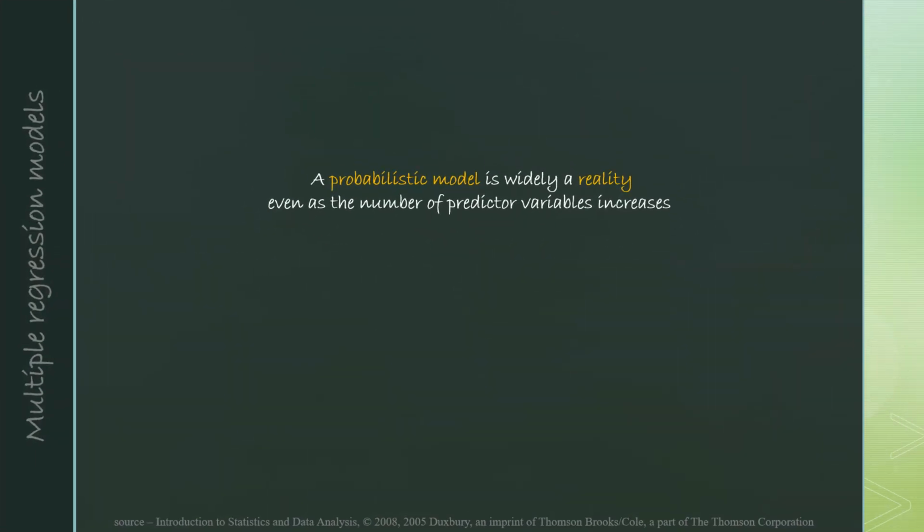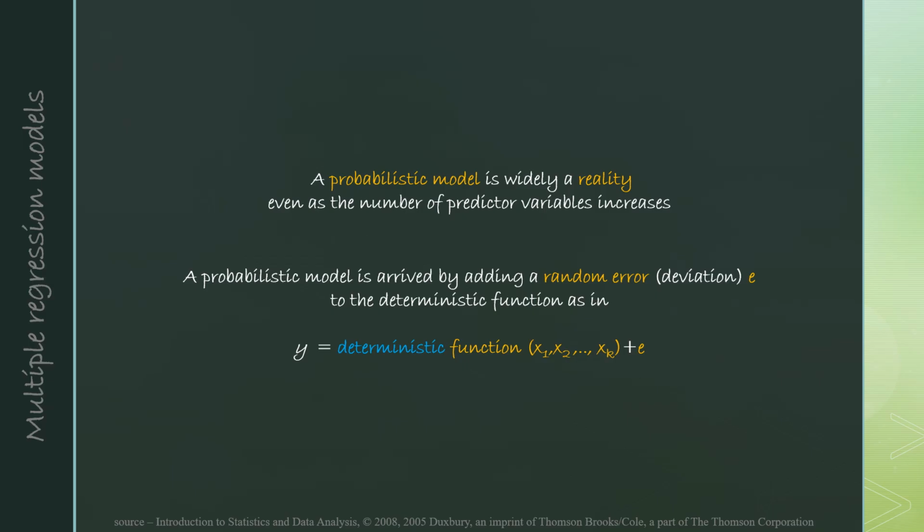Therefore, a probabilistic model is widely a reality even as the number of predictor variables increases. A probabilistic model is arrived at by adding a random error or deviation e to the deterministic function, as in y equals a deterministic function of x1, x2 and so on up to xk plus e, in an identical manner as in the case of the simple linear regression model.